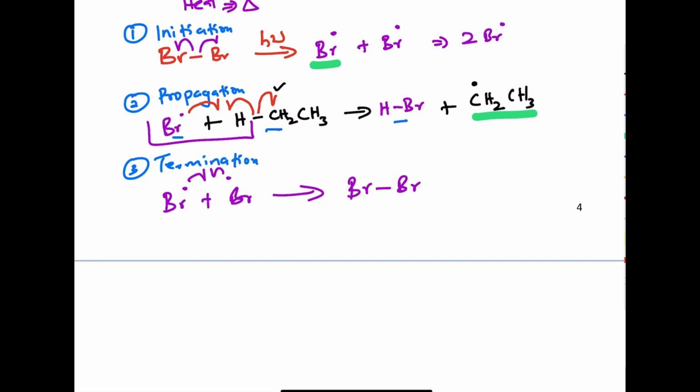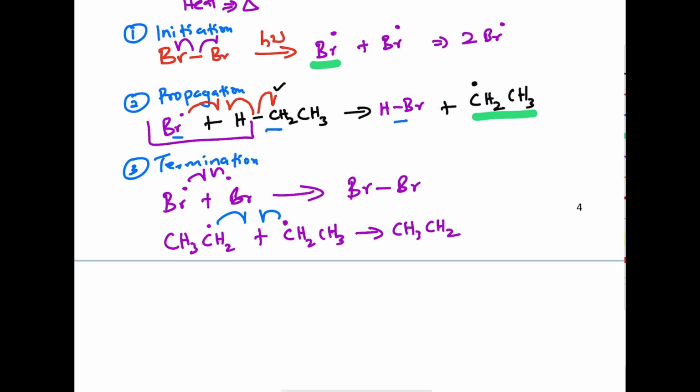Or you could have the CH3CH2, I just flipped that, plus CH2CH3, that's the same thing, radical. And again, use 1 half-headed arrow, and you end up with CH3CH2, and then you form a new bond, and that becomes CH2CH3.